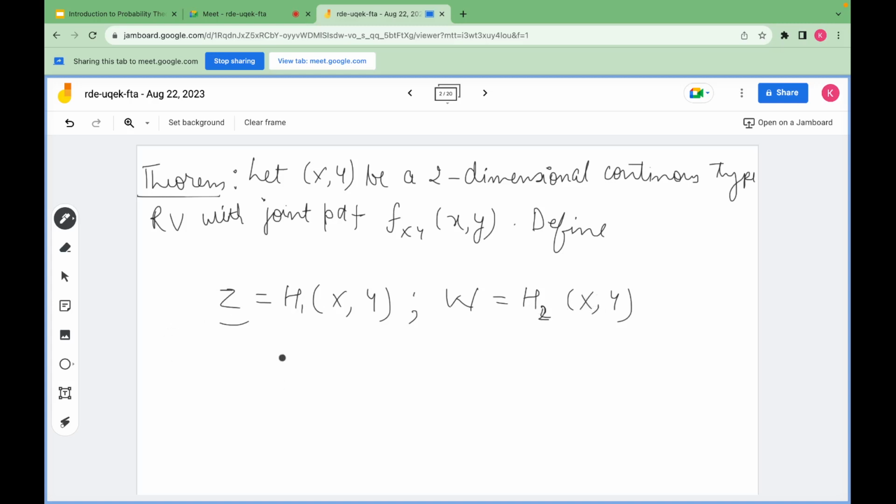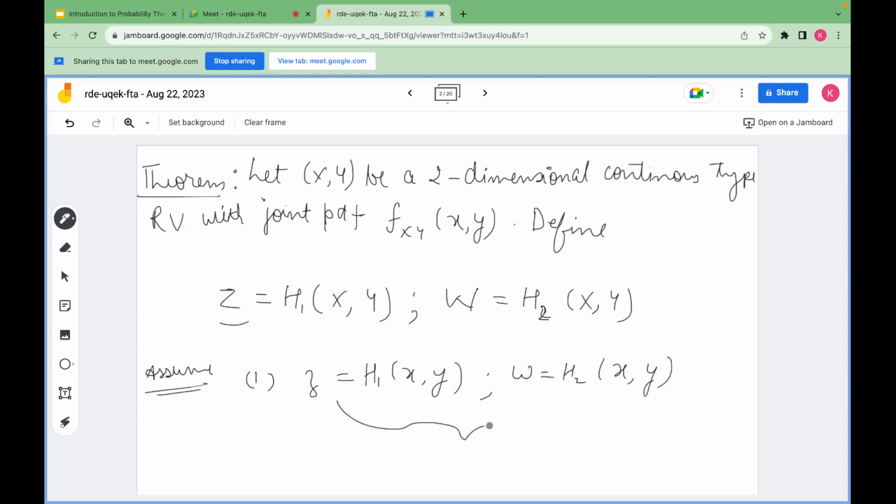Now to solve this question, the first assumption is, assume z is equal to g(x, y) and w is equal to h(x, y).